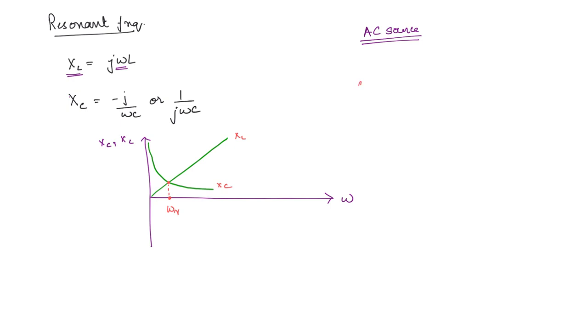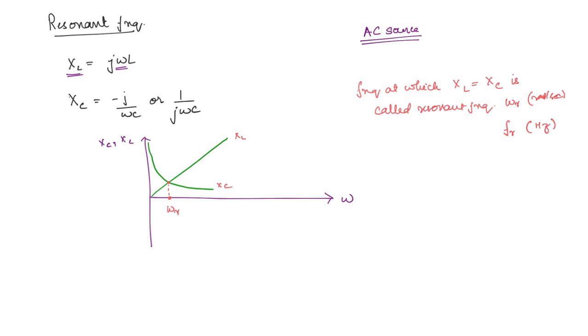So the frequency at which inductive reactance XL is equal to XC is called the resonant frequency, or in other words, the frequency at which resonance occurs is called the resonance frequency, and we denote it as omega R if it is angular frequency. Otherwise, we denote it as fR. Omega R units are radian per second and fR frequency is in hertz.